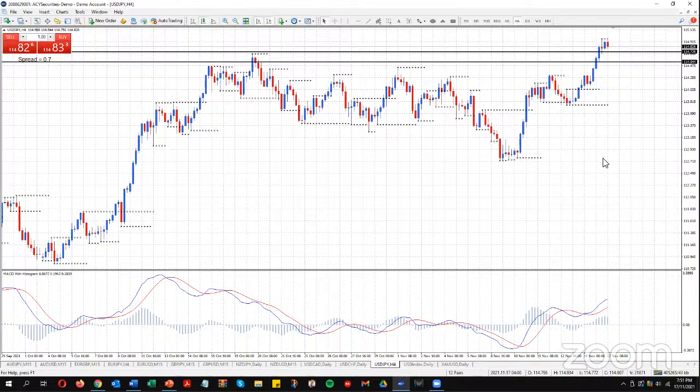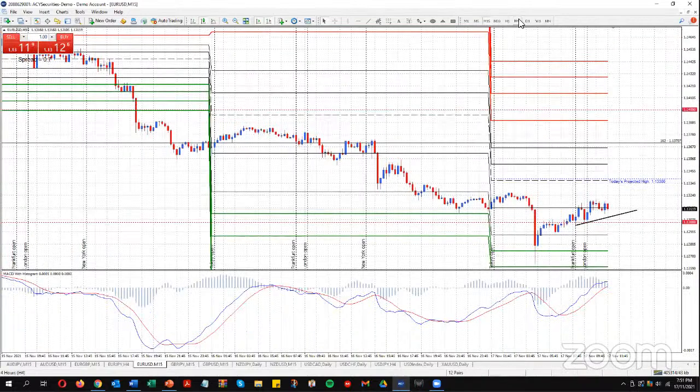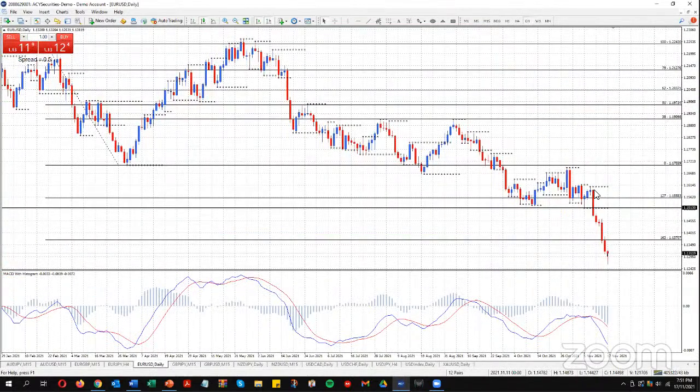All right. Doesn't mean that some of the other pairs to the US dollar can't continue down, like the Aussie dollar and the New Zealand dollar, because what you also have to bear in mind is that the euro dollar has had 5 straight days. Well, 6 straight days down.